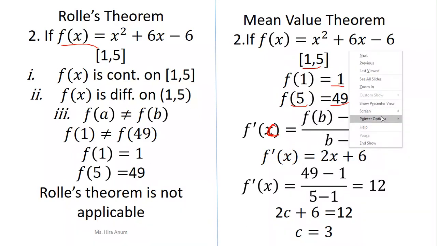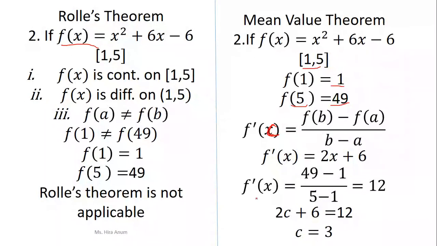Then we put in the formula. So f prime of c equals 49 minus 1 over 5 minus 1, which equals 48 over 4, which equals 12. So 2c plus 6 equals 12 and c equals 3.